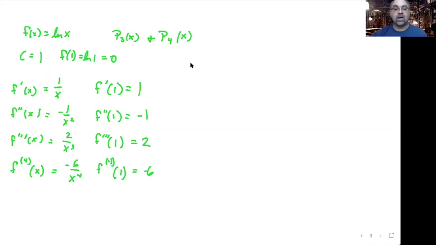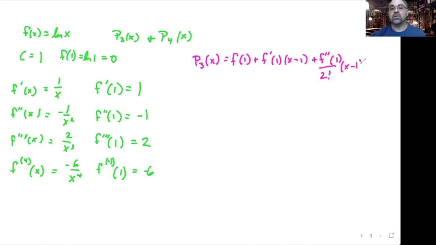So I'm going to start off with P3 of x. I know I'm going to start with f, the function evaluated at the center, 1. And then I'm going to add f prime at 1 times x minus c, which is x minus 1 to the first power. Then I'm going to have f double prime at 1 over 2 factorial times x minus 1 squared.